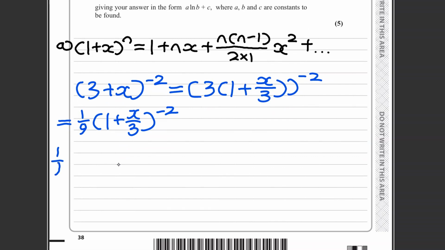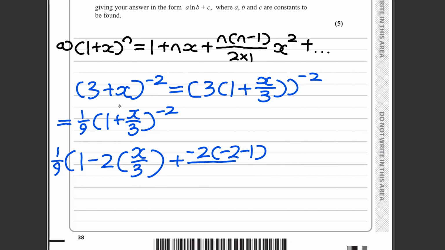So this is going to be 1 over 9 at the front here, and then if we use this 1 plus x to the power of n, it's going to be equal to 1 here, and then plus nx, so n is minus 2, so it's going to be minus 2 here, and then x, so remember our x here is this x over 3, so it's going to be x over 3 like this here, and then plus n, so n is minus 2, and then n minus 1, so minus 2 minus 1 over 2 times 1, which is just 2, and then it's x squared here, so this is going to be the x over 3 squared, and it says we only need the first 3 terms, so these are going to be the first 3 terms here.